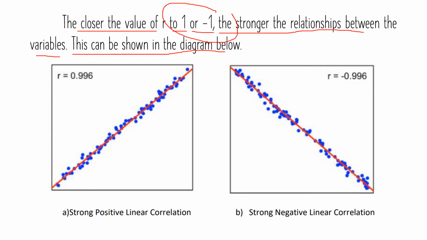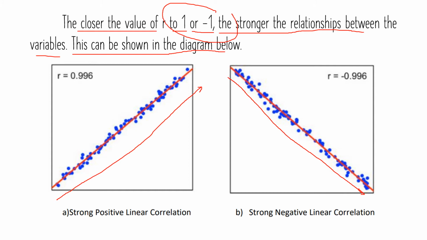If that is positive, then as you can see in the red line here, your line rises from left to right. If your slope is a negative value, then your line falls from left to right.